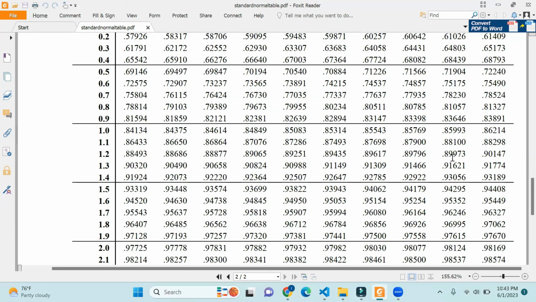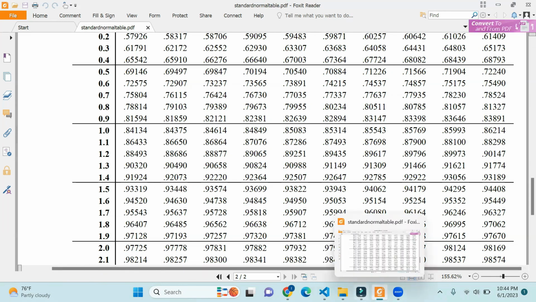The z-score corresponding to this value is 1.28. Similarly, the nearest match for 0.85 is 0.85083, this number. Z-score corresponding to this number is 1.04. We apply inverse transformation on these z-scores to get the quantile value.